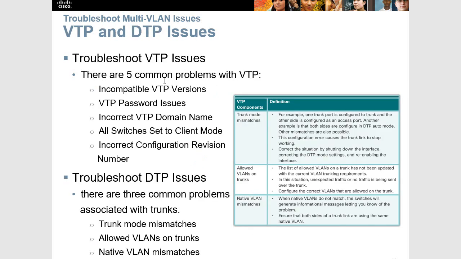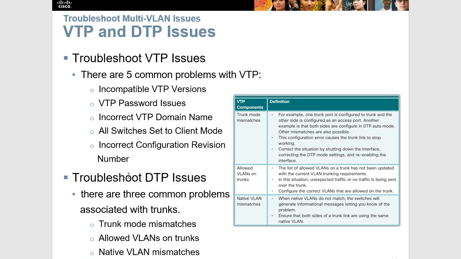Some more issues we have are incompatible VTP versions. You might have a switch that doesn't support VTP version 2, for instance, and that is causing information to be exchanged incorrectly, or that switch is not able to participate in the sharing of information. So make sure all your switches are compatible with the VTP version you're running.